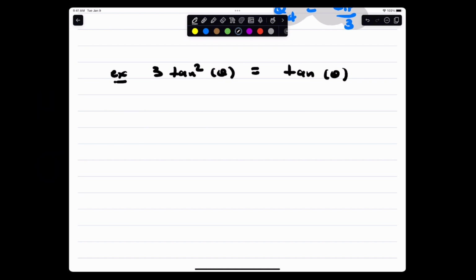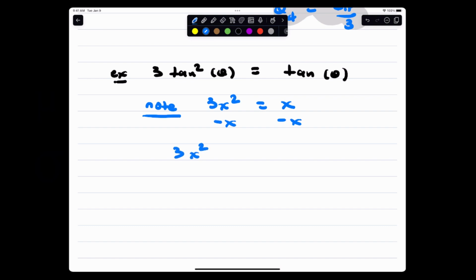I just want you guys to recall, when you had equations like 3x squared equals x, how did you guys solve that in algebra? What you had to do is subtract x from both sides.